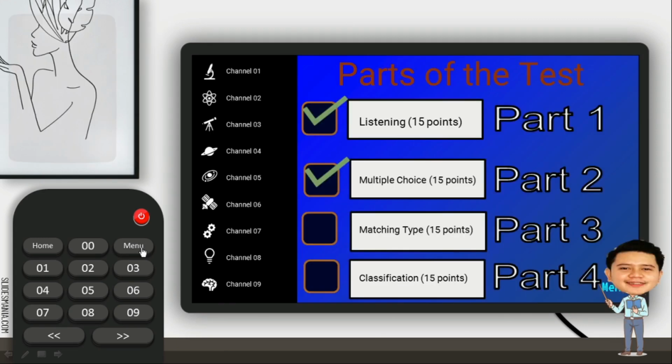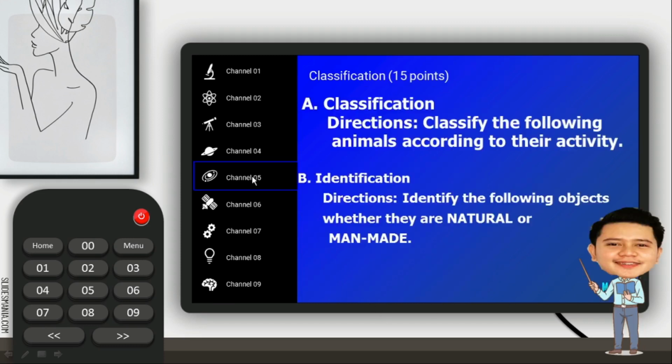So let's go for part 4, which is the classification, okay? This is the directions. We have the classification and the identification. For classification, all we need to do is to classify the following animals according to their activity.